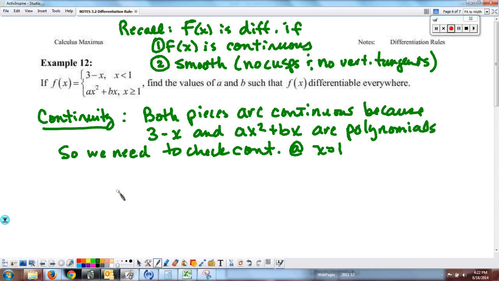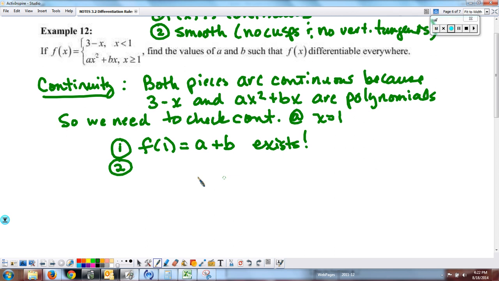So remember the three parts of the definition of continuity. The first part is f of 1 has to exist. We have an equals right here, so if I plug 1 into that piece, I would get a plus b, so it exists. So we're good with that. Our second part is we need to check the limits, the left and the right.